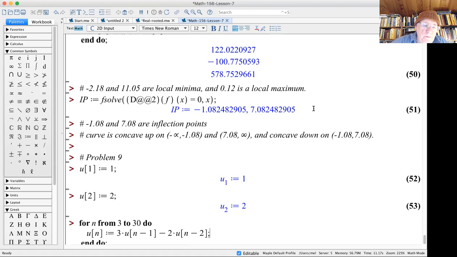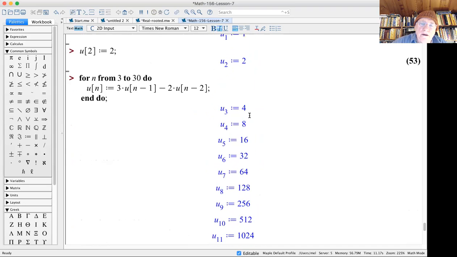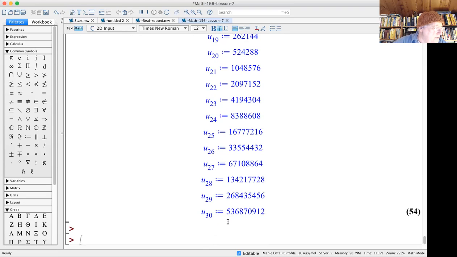So for example, u3 is 3 times u2, that's 6, minus 2u1 is 2, so 6 minus 2. So u3 should be equal to 4. Let's see. Yeah, u3 is 4. So here's this calculation, and u30 is this number. That's the answer.